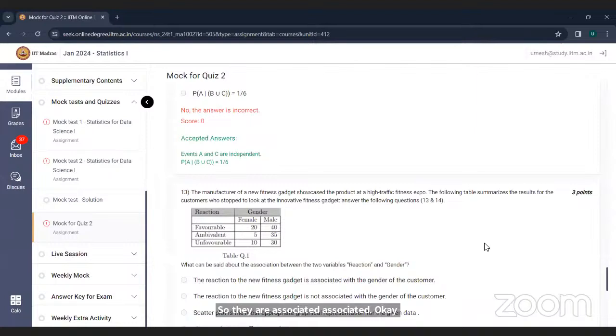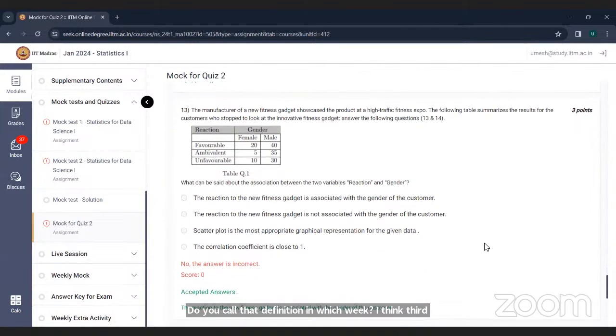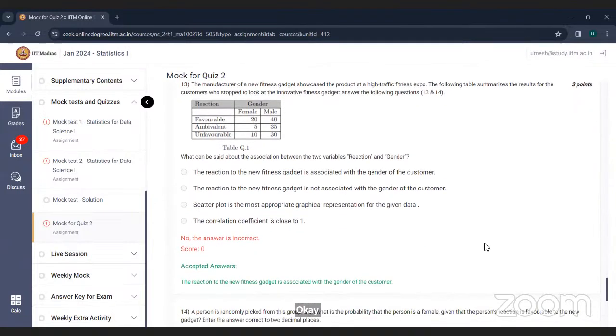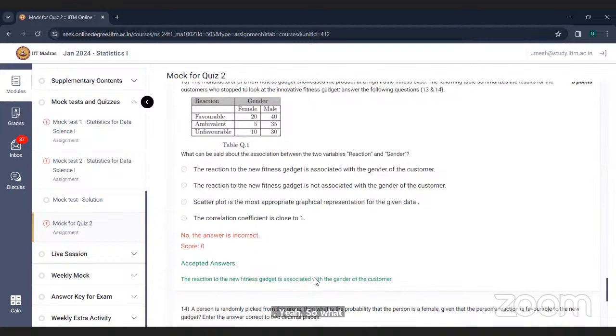Recall that definition, covered in the third or fourth week. So the answer is they are associated.